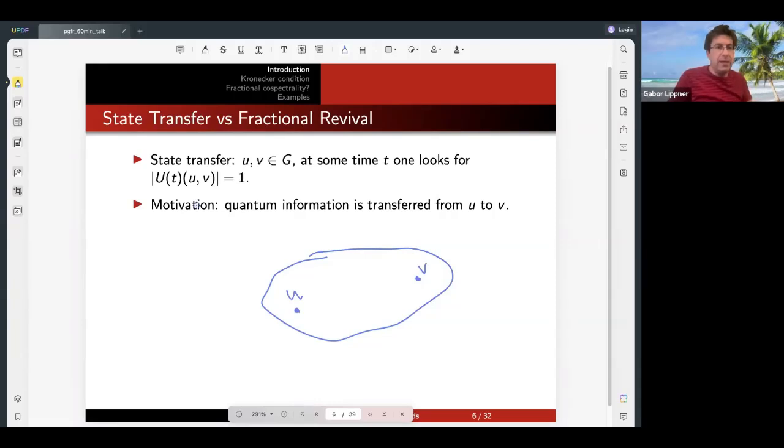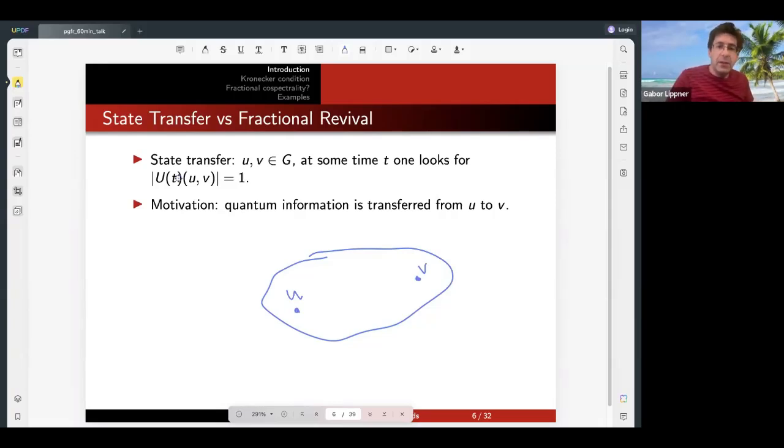It's realized as a physical network, and I'm sitting at one end of this network, you're sitting at the other end of the network, and I want to send you my favorite qubit. So I encode the qubit on the system, then wait until the appropriate time, and then you read it out at your end, and it should be the same qubit, more or less, if you're reading it out at the right time.